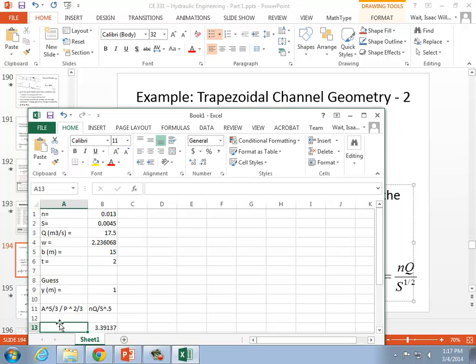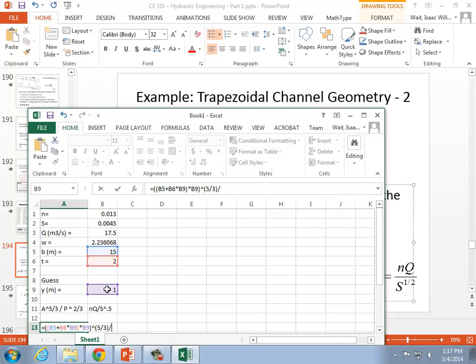All right, finally, B plus T times y, times y, and that is to the 5/3 power.